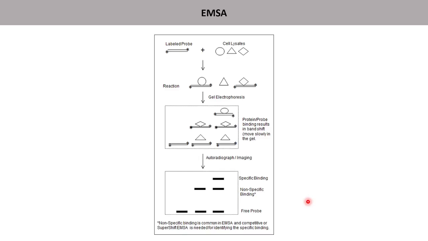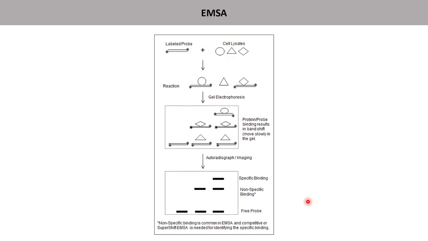that a labeled probe, basically a DNA sequence, is mixed with a cell lysate, which contains different kinds of proteins that we need to study, if we want to study whether that particular protein is getting attached with the DNA sequence that we are trying to study. So those two are mixed together and given time to react.